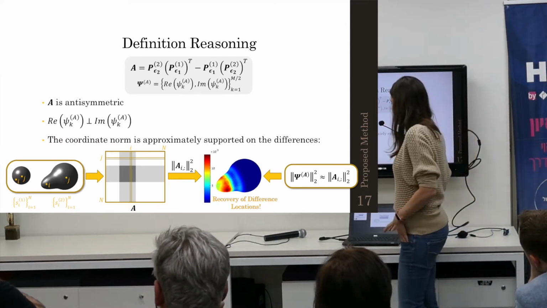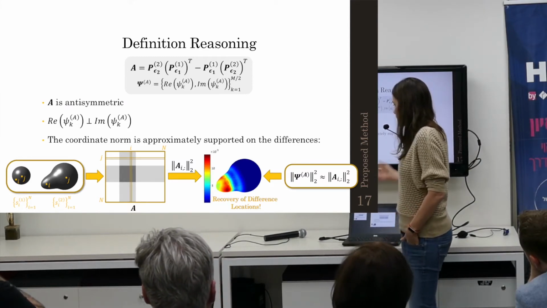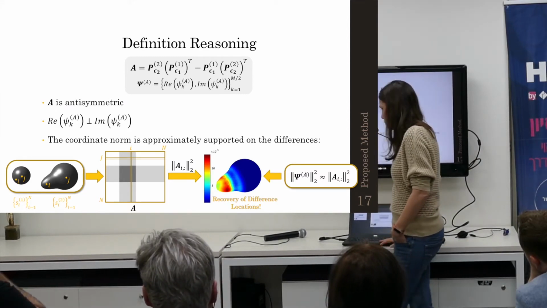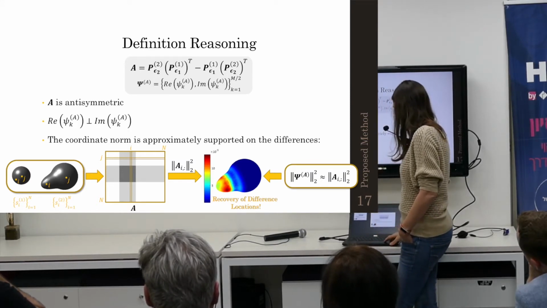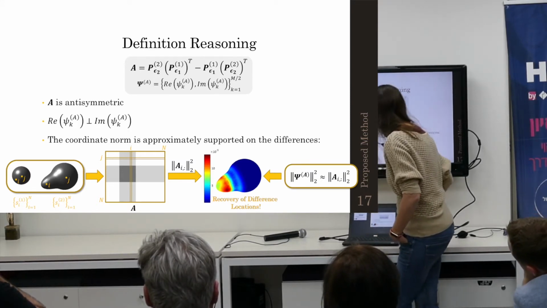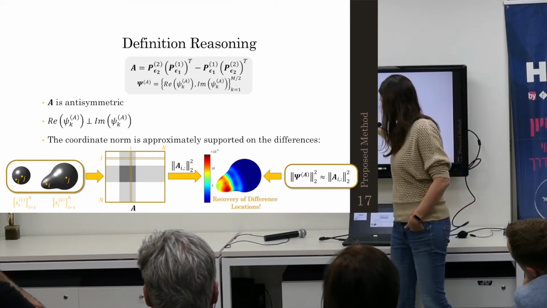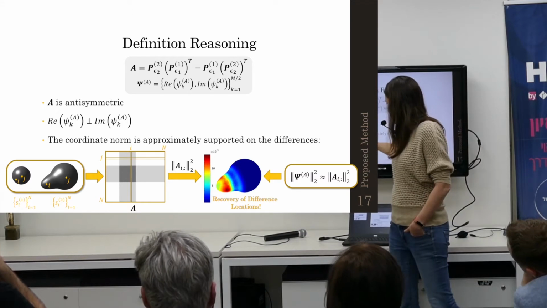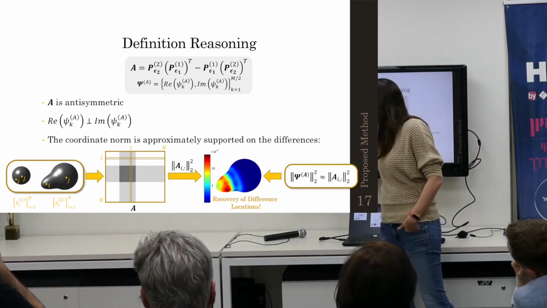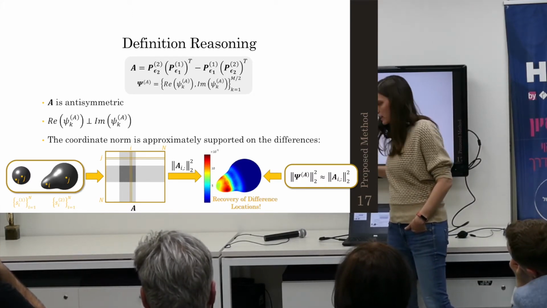And what's nice about this operator is that if we take two datasets, each having n points on them, and construct the A operator, this is the A matrix here, then this will be an n by n matrix relating to the number of points on the two datasets.